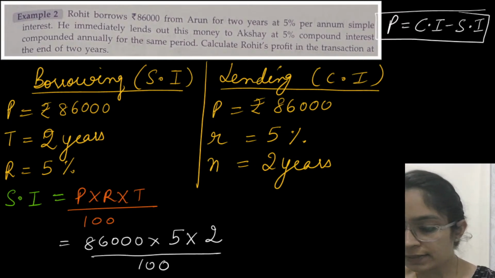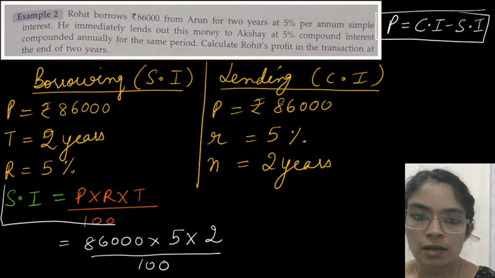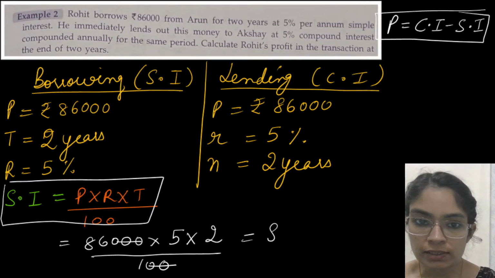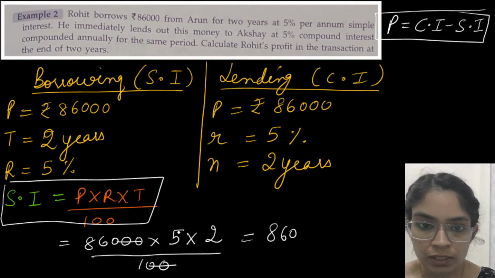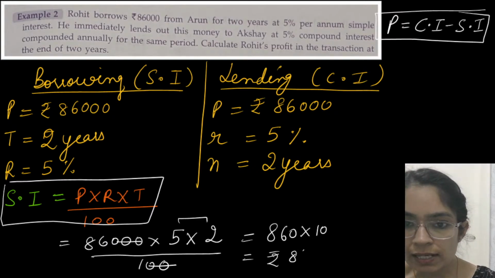Simple interest everyone knows, it's very easy to calculate. Formula of simple interest is P into R into T by 100. So 2 zeros here we can cancel. So this is 860. 5 into 2 is 10. So simple interest is equals to 8600.